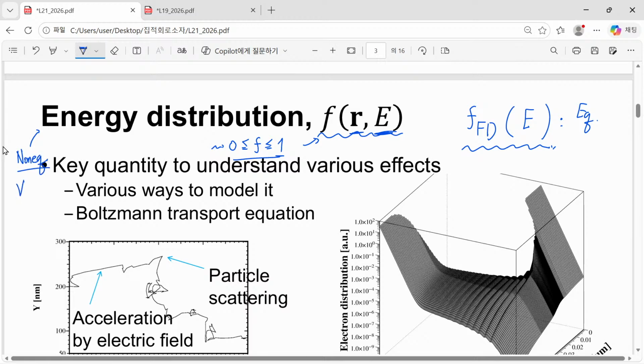Now we have a non-zero drain bias, so the drain current is not zero. In this case, it is impossible for us to define a certain equilibrium distribution. So we have to generalize it, and point-wise, we have a dependency of our electron distribution.